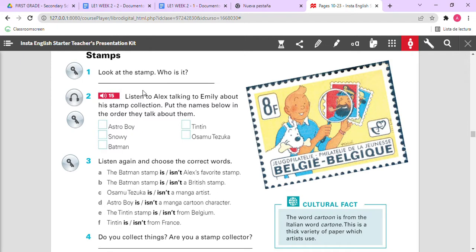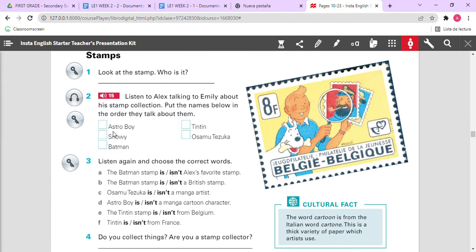Let's continue with activity number 2. Activity number 2 says, listen to Alex talking to Emily about his stamp collection. Put the names below in the order they talk about them. So the idea is to listen to the audio and to write the order you listen to those things.